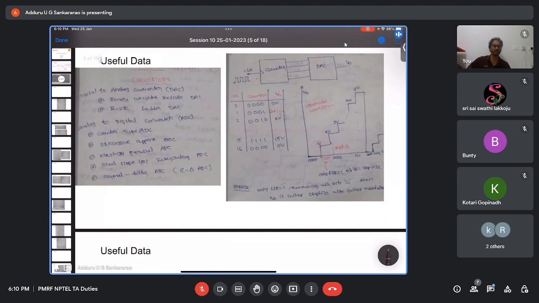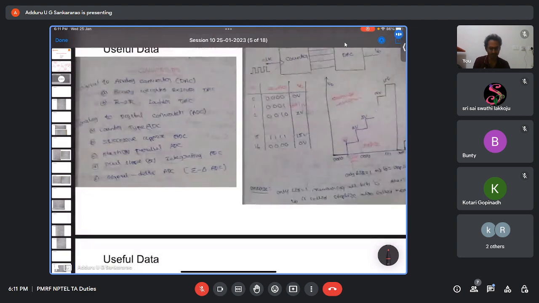There are different types of converters, which you might have studied. Some of them we will see. Hope this is visible for you, because to save time I just took pictures and kept them here. For digital to analog converters, primarily we focus on the binary weighted resistor DAC, which you definitely might have studied, and the R-2R ladder DAC.